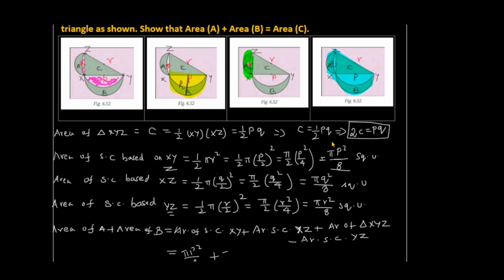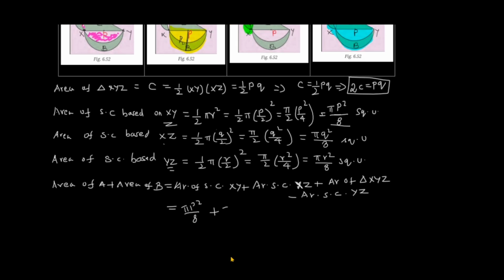Second one is XZ: pi Q squared by 8. Plus area of triangle, we got C is equal to 1 by 2 PQ, minus semicircle based on YZ, which is pi R squared by 8.